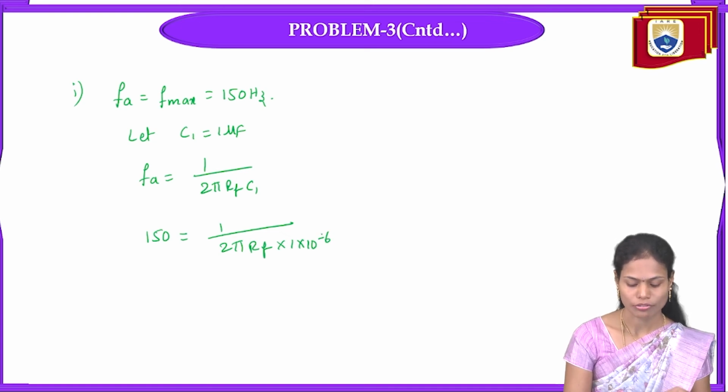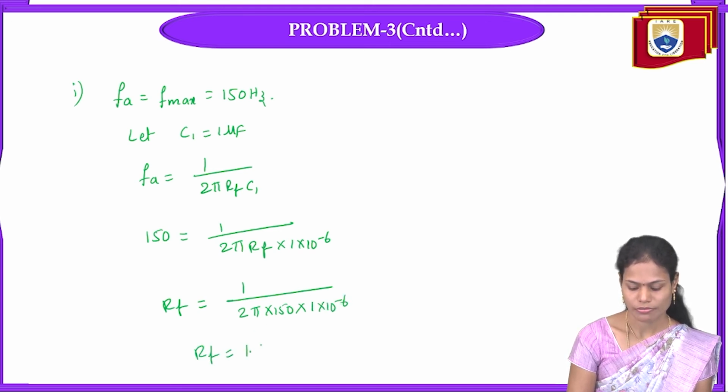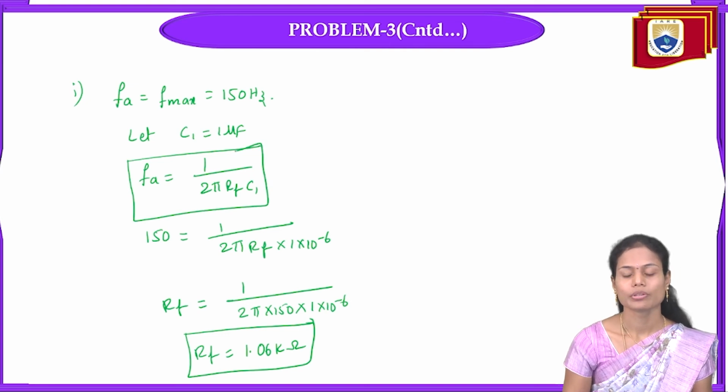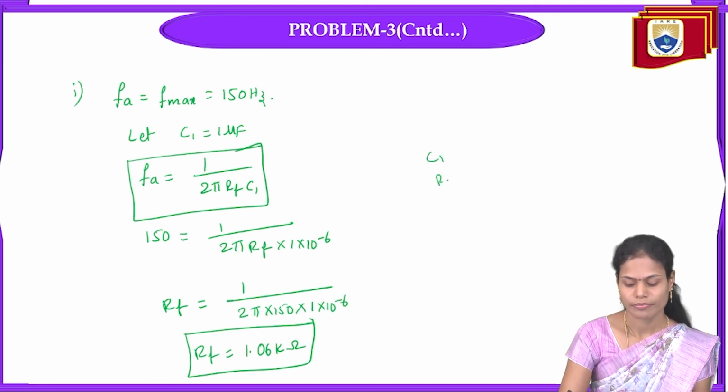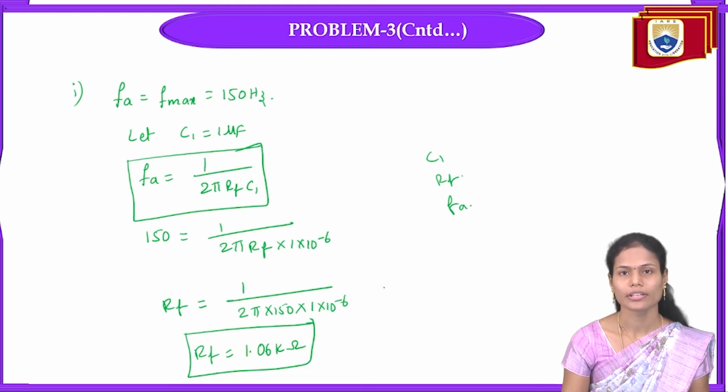From this I can write the feedback resistance RF as 1 by 2 pi into 150 into 1 into 10 power minus 6. If we simplify this, we will get it as 1.06 kilo ohms. So we know the values of C1, RF and FA now. So we need to find the remaining values.